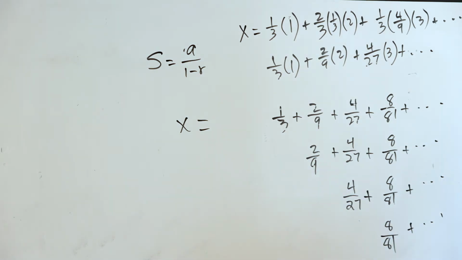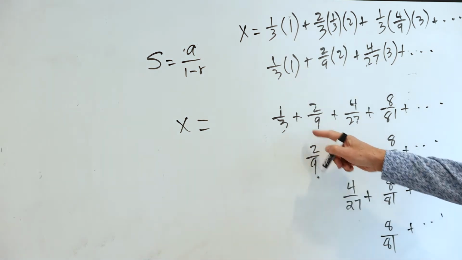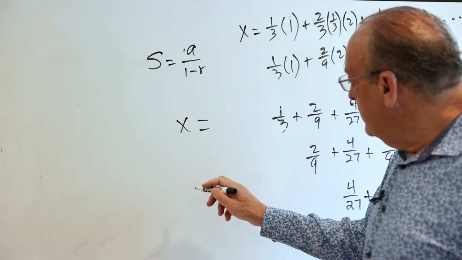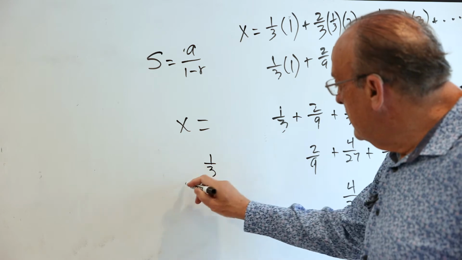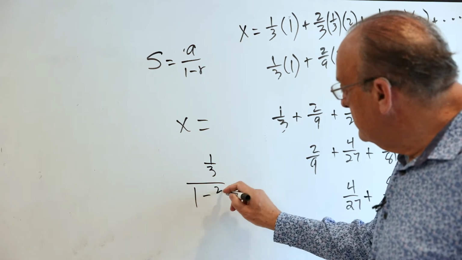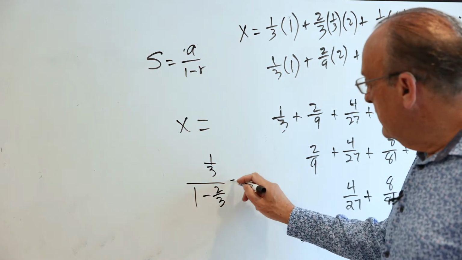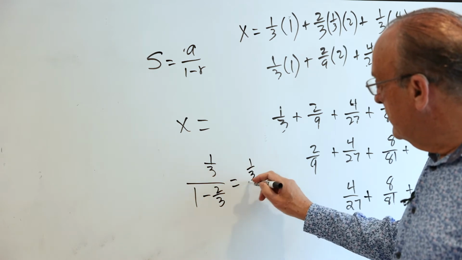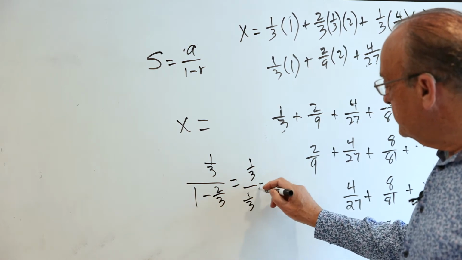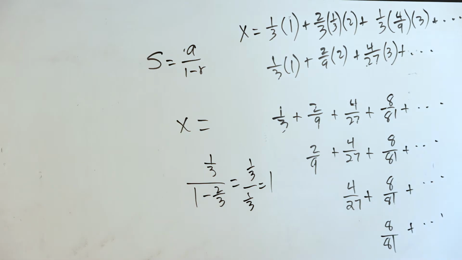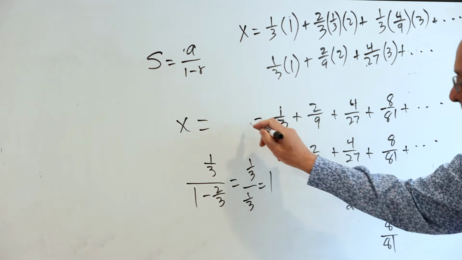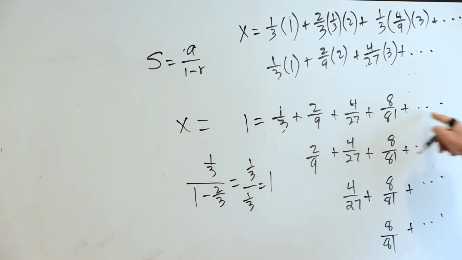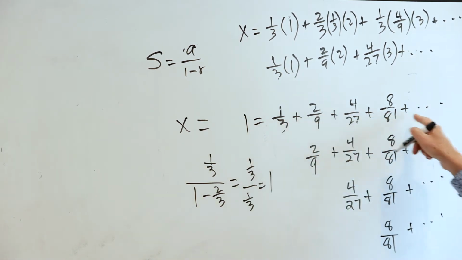So for this sum here, we're going to have 1/3 over 1 minus 2/3. So that's equal to 1/3 over 1/3, which is equal to 1 whole. So this particular series adds up to 1 whole.